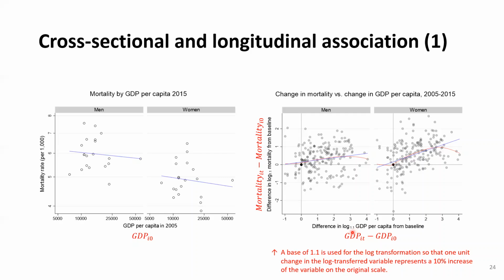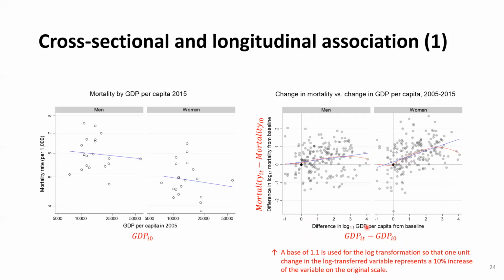By using 1.1, a one unit change, from 0 to 1, means a 10% increase in GDP. So the 10% comes from this 1.1, this 0.1 part. If we use 2 instead of 1.1, a 1 unit change indicates GDP doubled, and that would be the interpretation of this number itself.